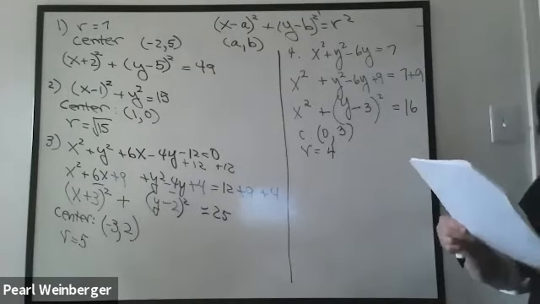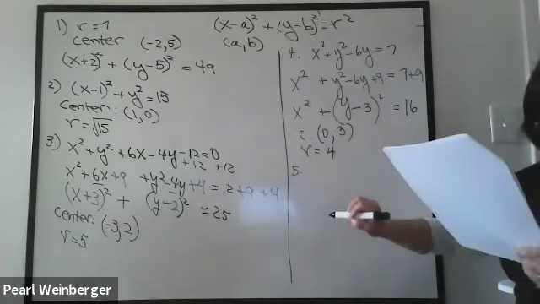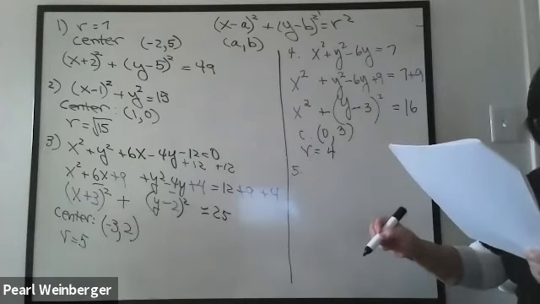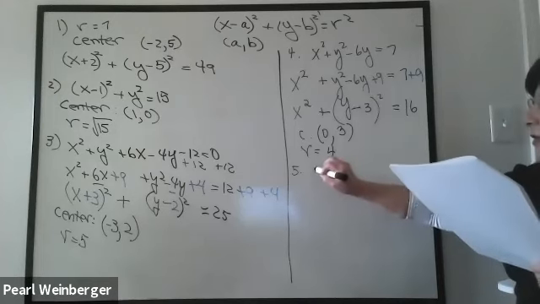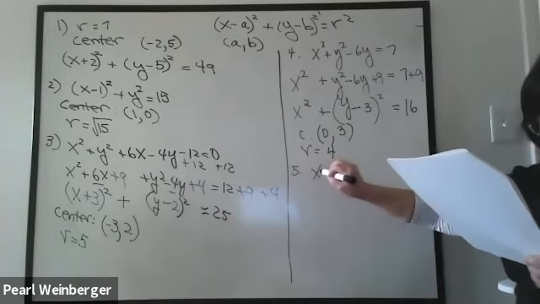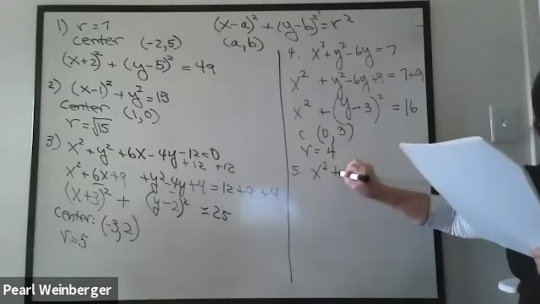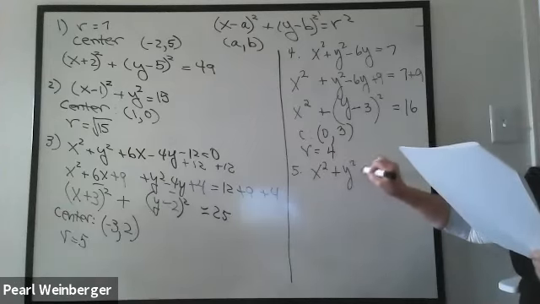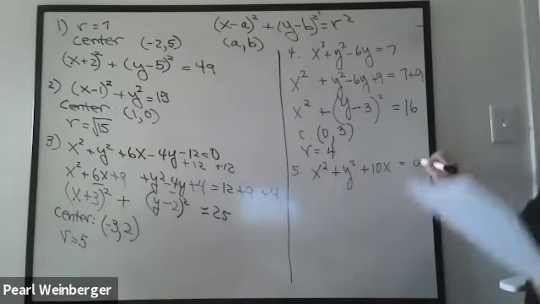And number 5, it says, again, find the center and radius, and here they're giving us x squared plus y squared plus 10x equals 0.